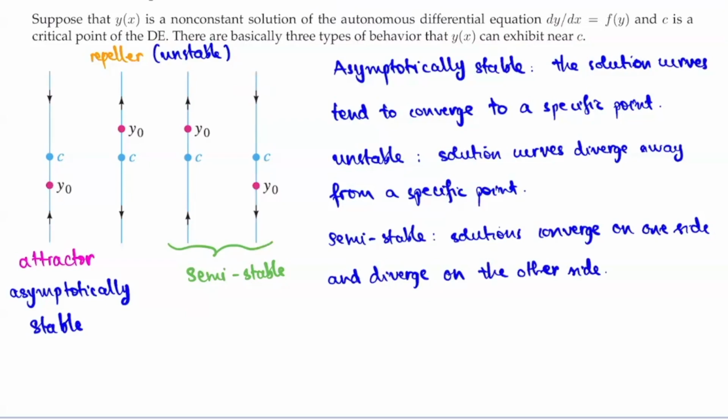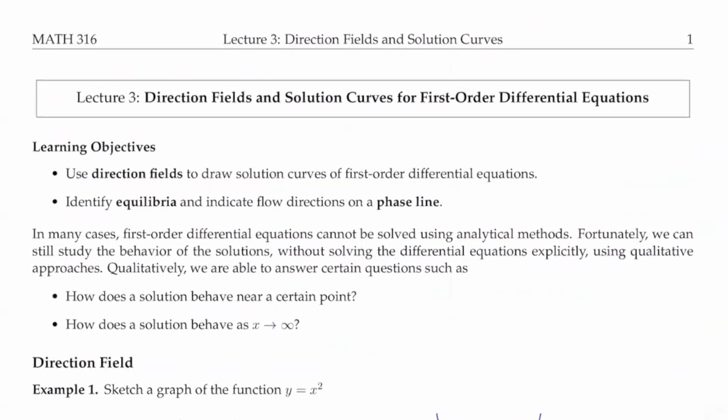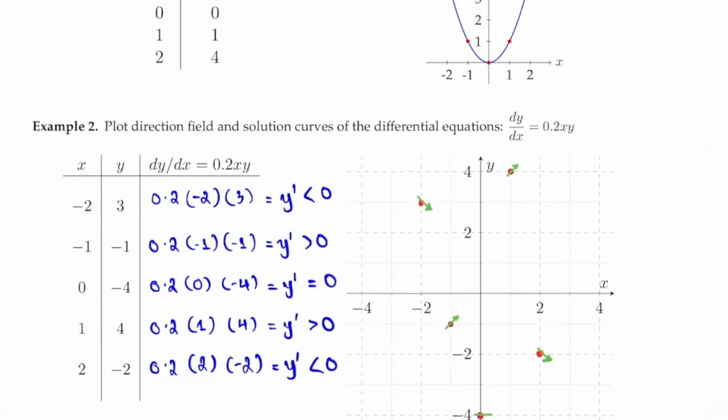Okay. Very, very powerful tool. So that's it for me for today's lecture. In this lecture, we talked about direction fields and solution curves for first order differential equations. So it's only for first order differential equations, unfortunately. To plot the direction field and solution curves of the differential equation, you consider a bunch of points and calculate the derivative.